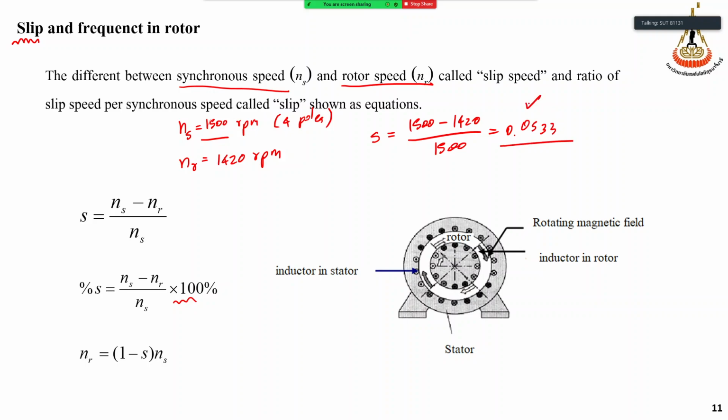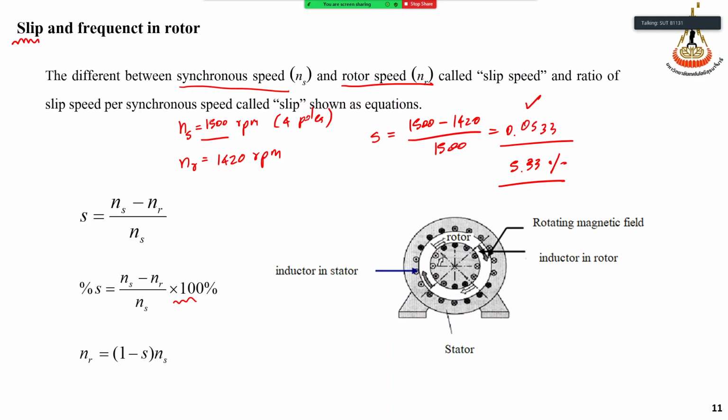This is the slip value, right? The slip value, or 5.33%, right?